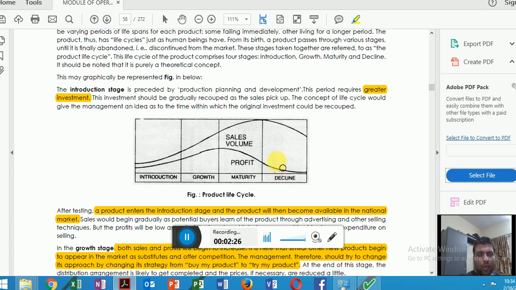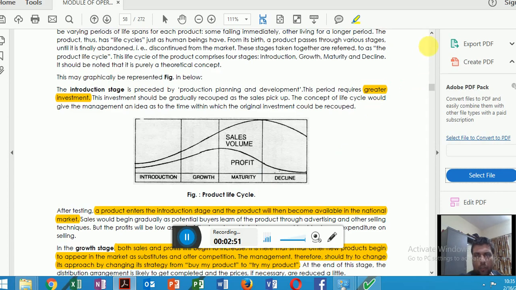So we have to see that for maintaining the position of any product, this part from introduction to maturity should be as long as possible, because as the maturity part ends and the decline part starts, the sale of the product goes on decreasing continuously.